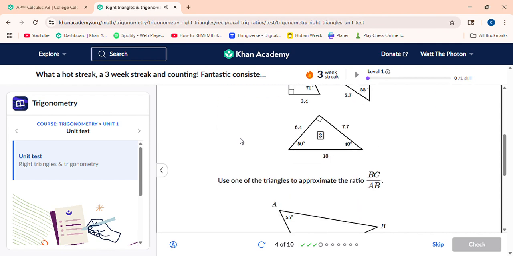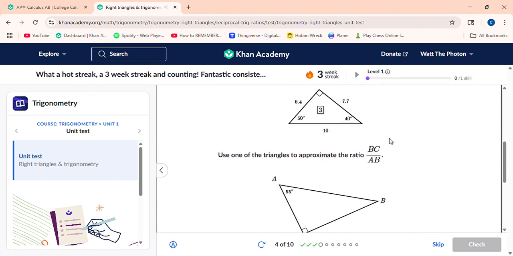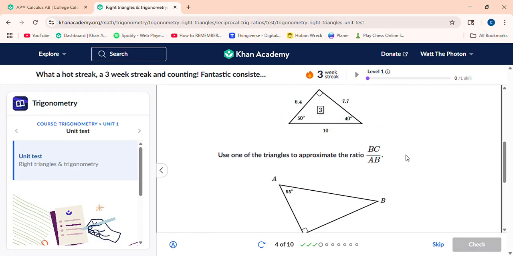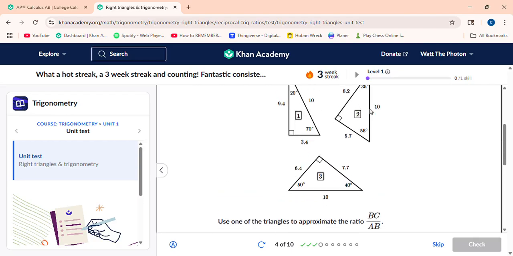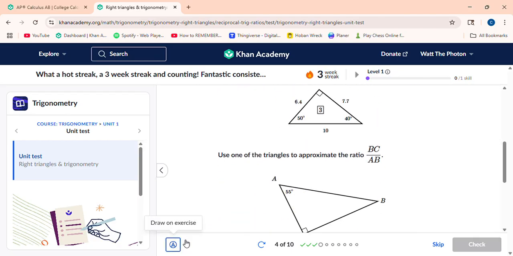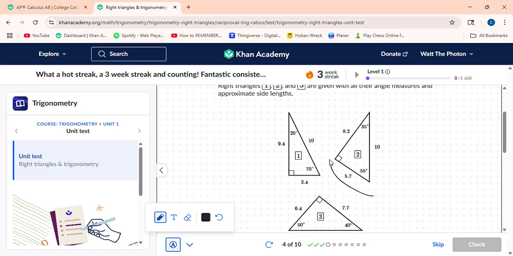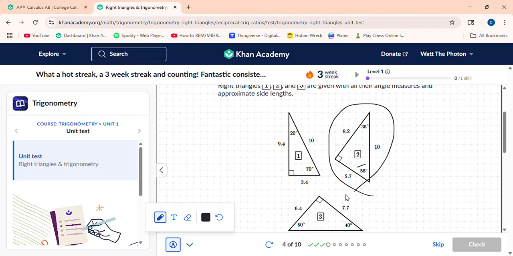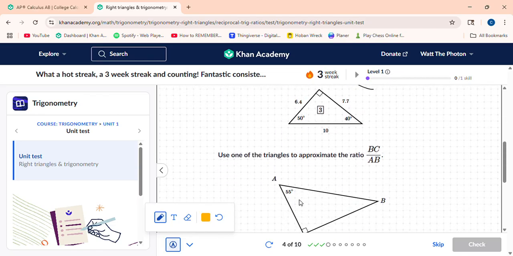1, 2, 3 are given. Use the triangles to approximate BC to AB. It's a good approximation right here. 55 degrees, 55 degrees. What is the ratio?